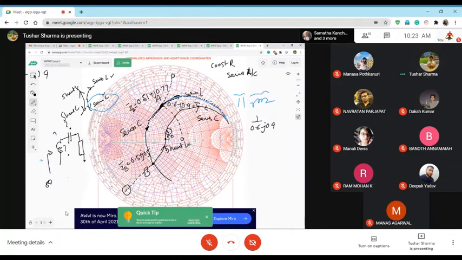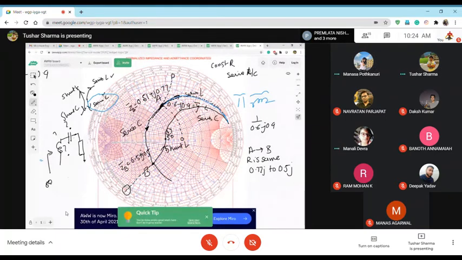Okay, so in the movement from A to B, what is changing? R is the same, and what is varying is your reactance part, which is changing from 0.77 J to 0.5 J. And will this be plus or minus?